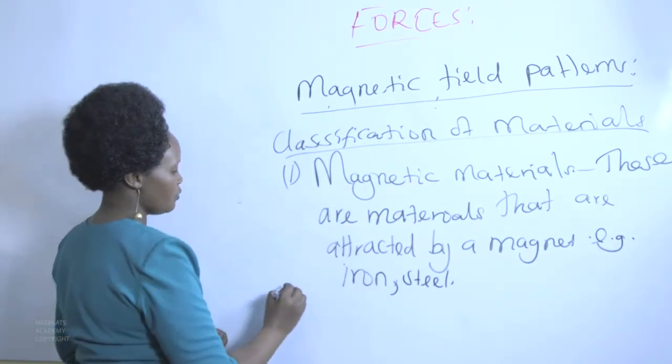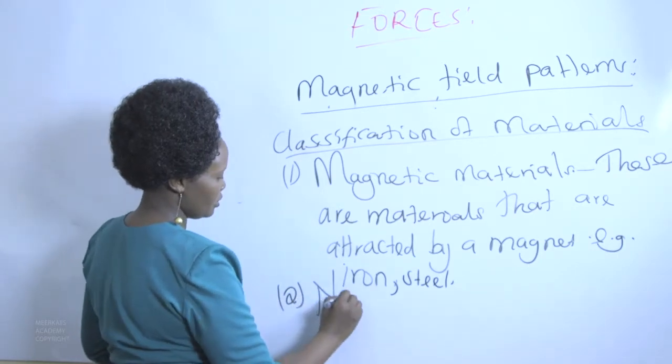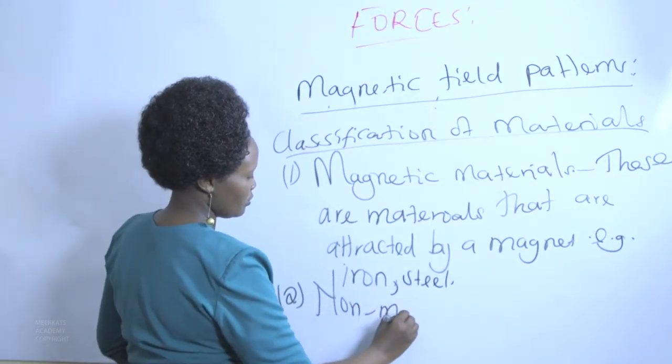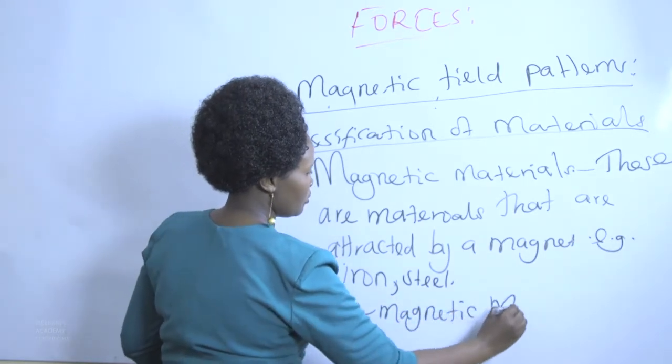Another set of materials are what we will call non-magnetic materials.